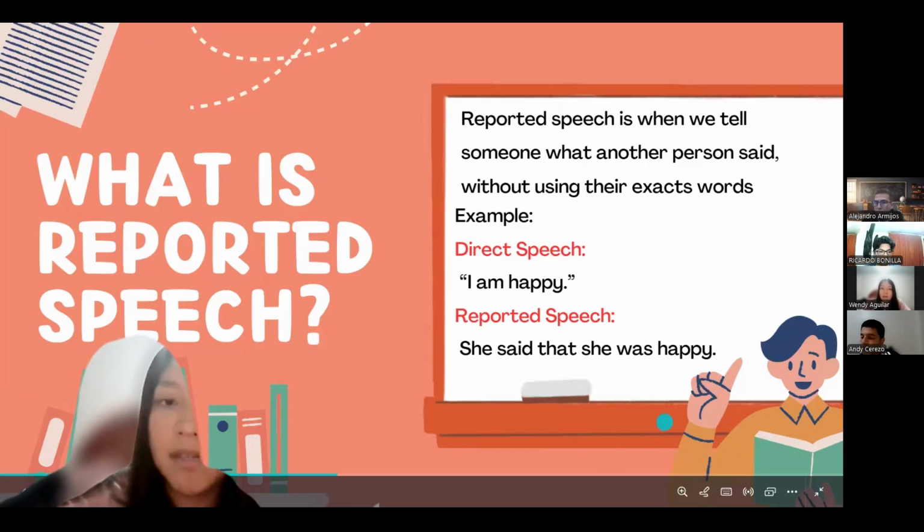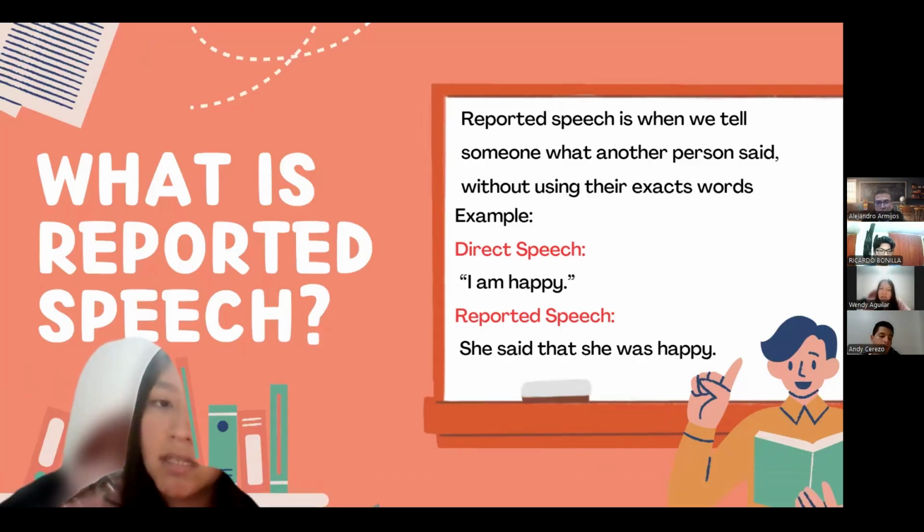Okay. First, let's understand the meaning of reported speech. What is reported speech? Reported speech is used to report or communicate what another person said instead of using the speaker's exact words. We express the same idea in another sentence.